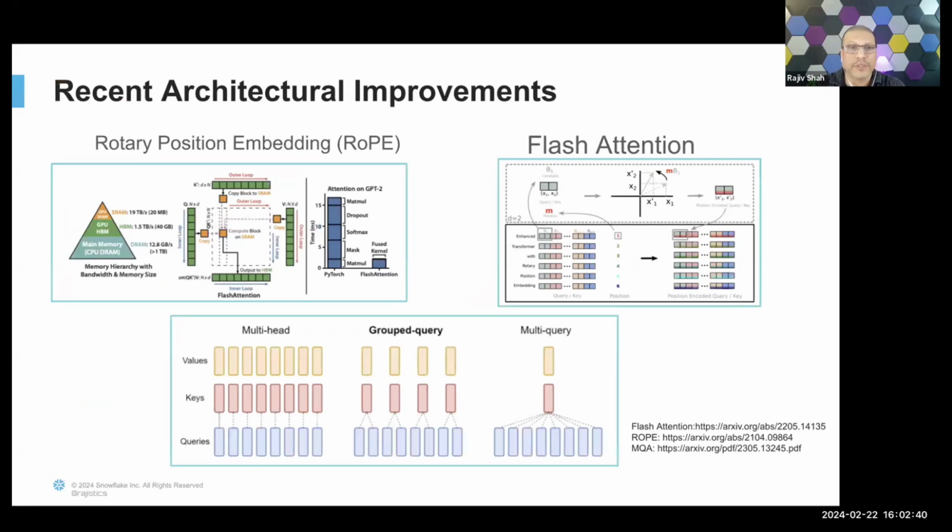Meanwhile, we have a lot of eyes looking at this. A lot of researchers are working on these models, and there have been steady improvements in the architecture, whether we talk about how we do the position embeddings.